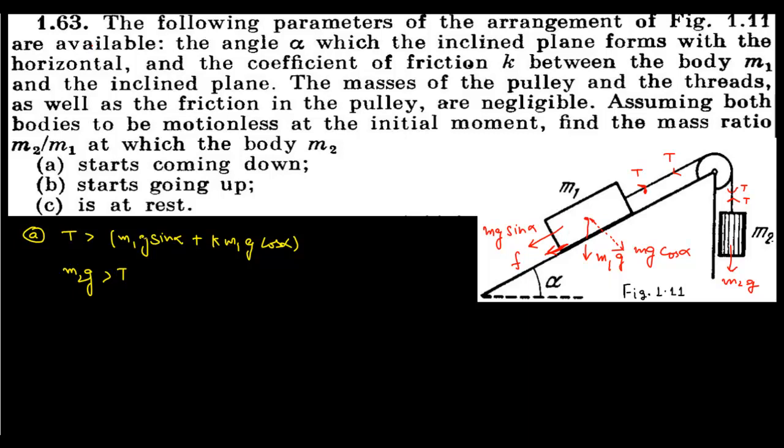If we combine these two situations, we can write that M2G is greater than M1G times sine of alpha plus K cos of alpha.